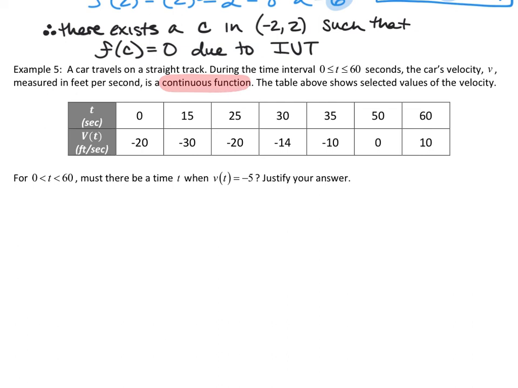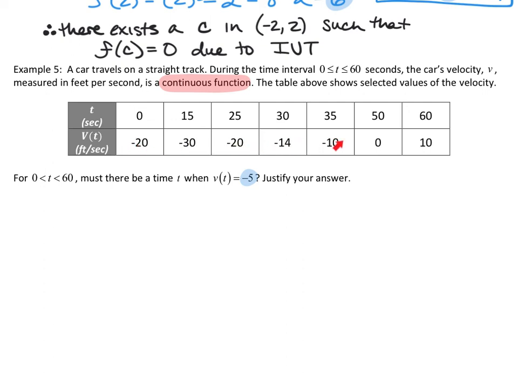Our question here is, for time from 0 to 60, must there be a time t when the velocity of t is equal to -5? Then we're going to justify our answer. So this is the number we're looking for to be in our outputs. Let's start looking for that number on this table.